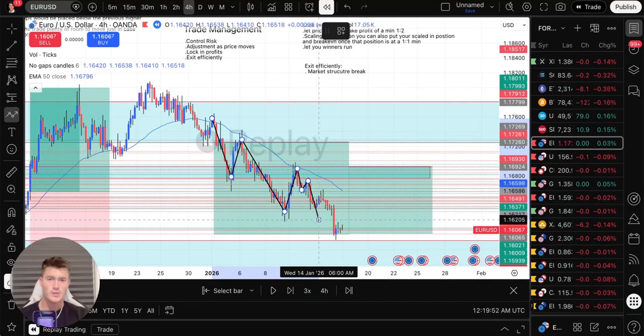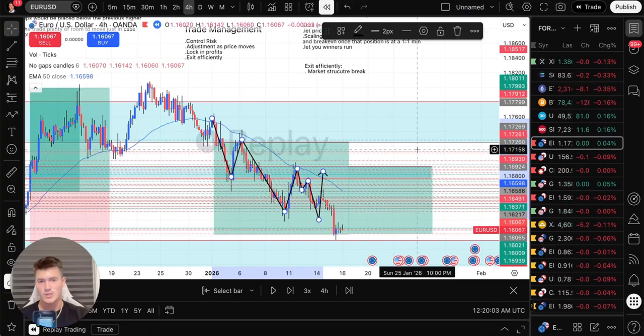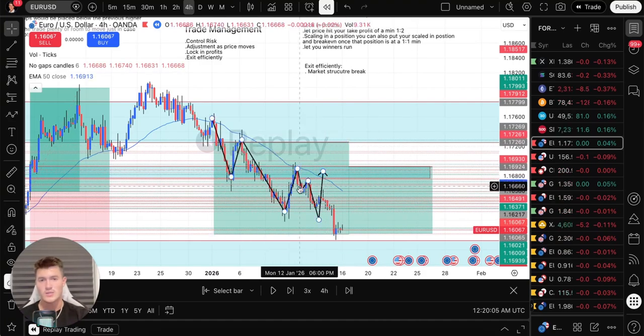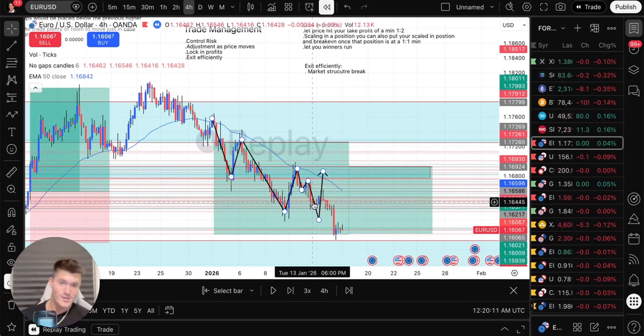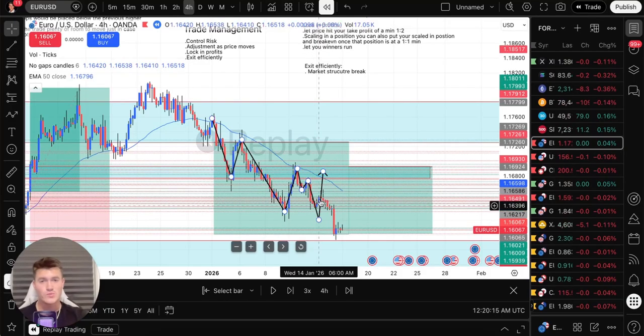Let's say we break below this low and price then, see now this gives us a new lower high, this gives us a new lower low. Let's say price breaks above this lower high. Now, technically, yes, it looks like we're going down, but we're actually starting to go up because now market structure has shifted in the 4-hour since we broke above this lower high.